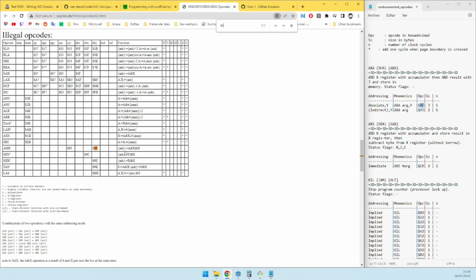So address equals A and X and H, but it doesn't say what H is. And it's AHX, which is not listed in here. So I suppose H is the high byte of the address.